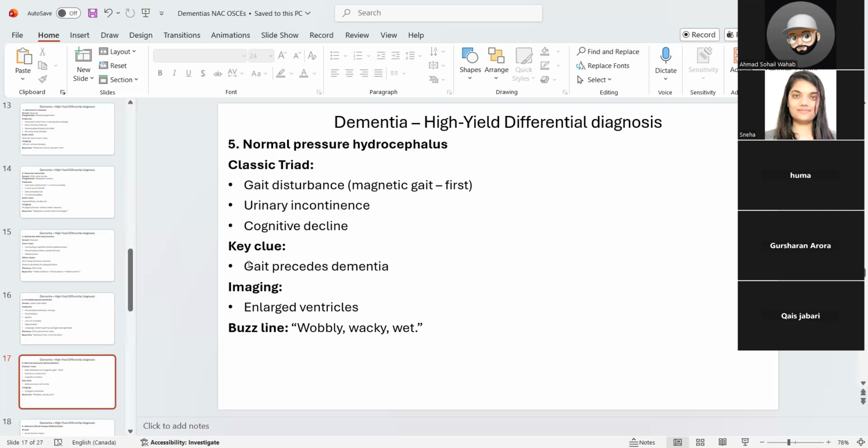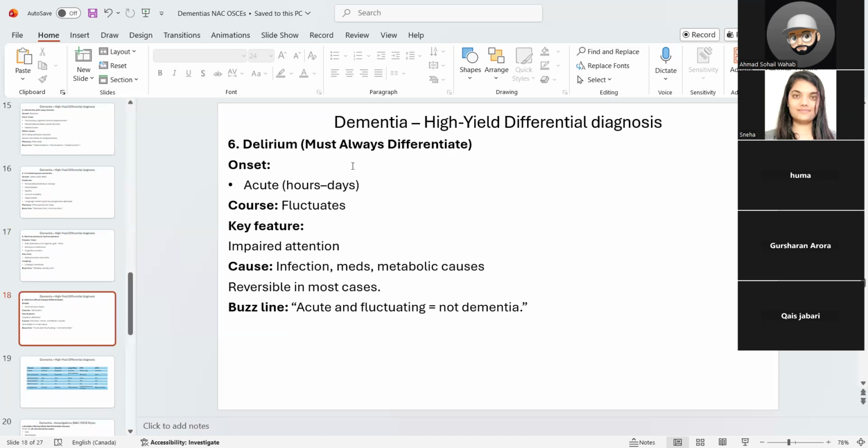Now, key clue for normal pressure hydrocephalus is it's going to be someone elderly, not too old, but they would have gait issues, then memory concerns, and would finally develop urinary incontinence. When you do imaging, they would have enlarged ventricles. That's the only clue you can find on imaging.